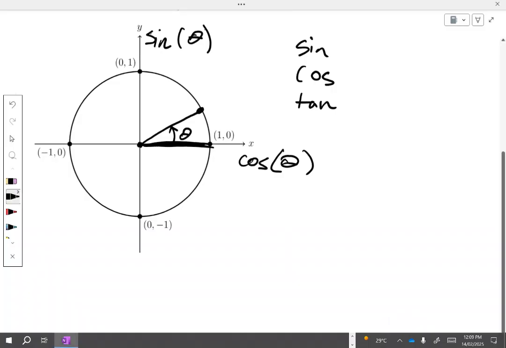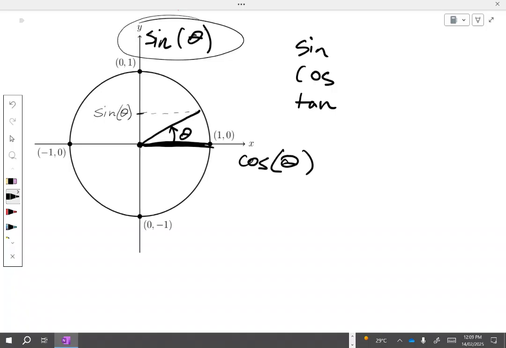That point has an x-coordinate and a y-coordinate. Remember I said that the y-axis is sine. The y-coordinate we call the sine of whatever angle is made, and the x-coordinate we say is the cos of whatever angle we made.